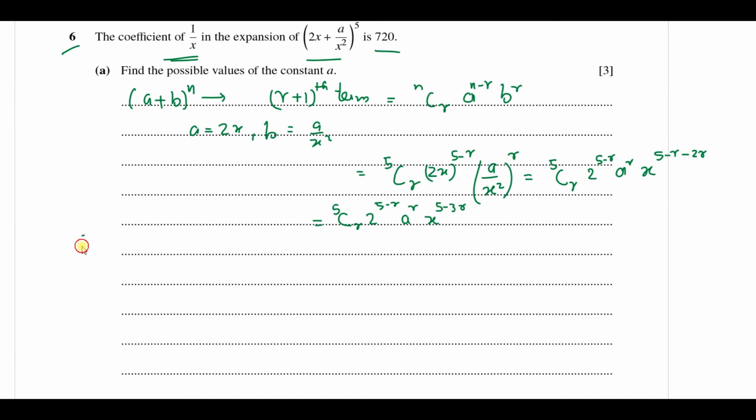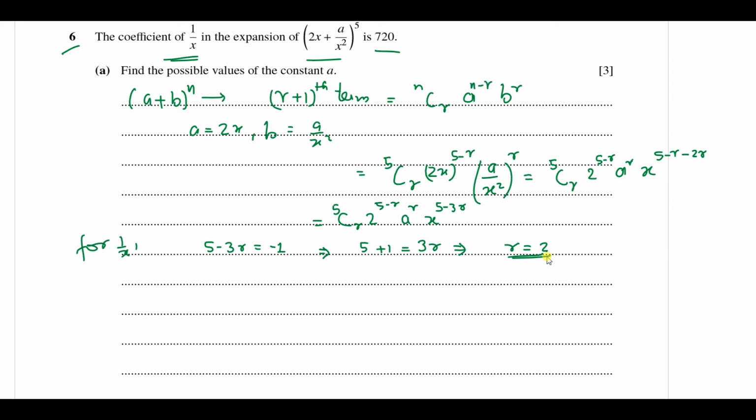For 1 over x, we can see directly that 5 minus 3r should be minus 1, and hence 5 plus 1 is equal to 3r, or r will be 2.